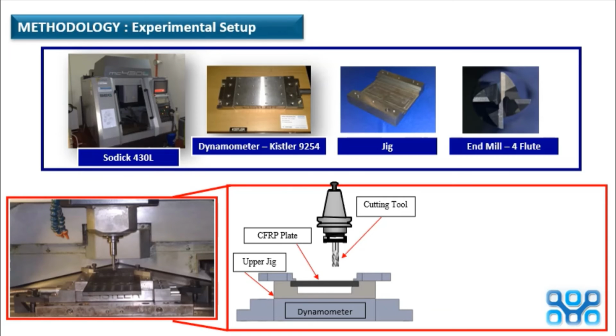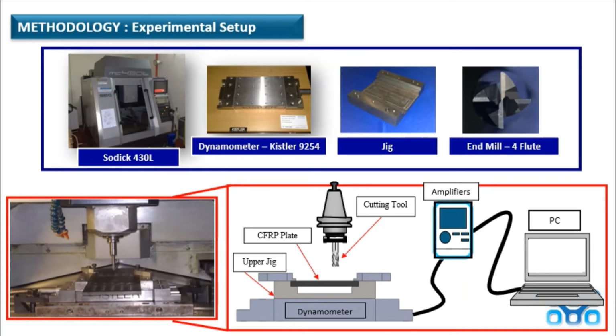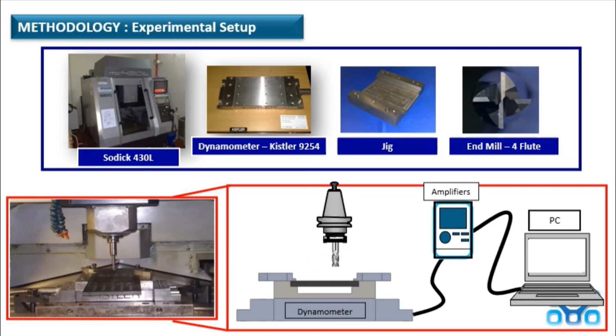On top of that we have the jig, and on top of the jig we have the CFRP material we will be stacking up. The dynamometer will be connected to the amplifiers to get the readings, and the readings will be collected on the PC. When the experiment starts, the readings will appear on the PC.